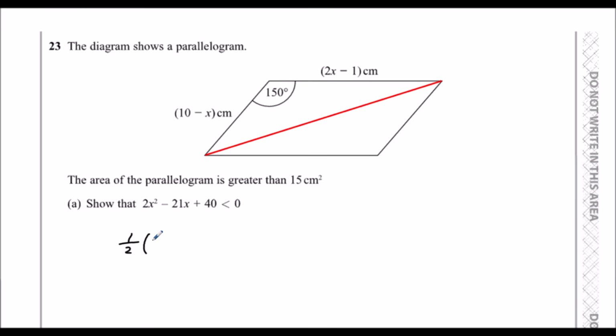So half times 10 minus x times 2x minus 1, times sine of the angle, 150, and the whole parallelogram is greater than 15, so each of these triangles is bigger than 7.5 because there's two equal triangles here. So it's bigger than 7.5.